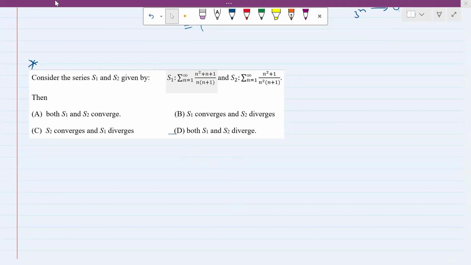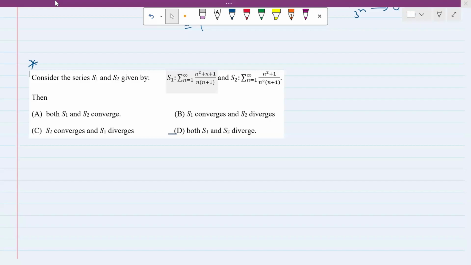Think on this. There are two series given. S1 is summation n from 1 to infinity of (n square plus n plus 1) upon n into (n plus 1), and S2 is some other series.